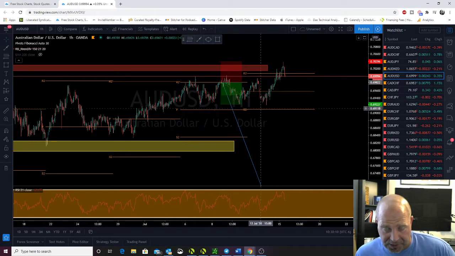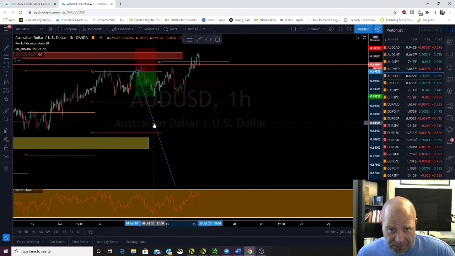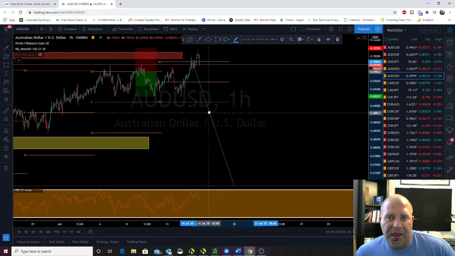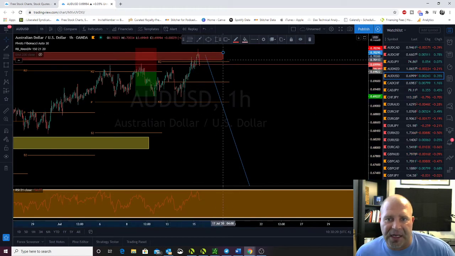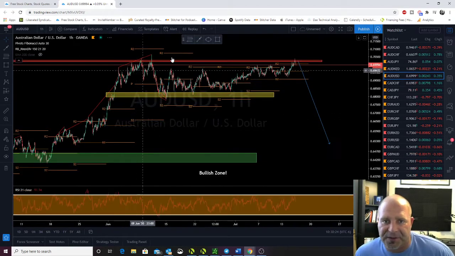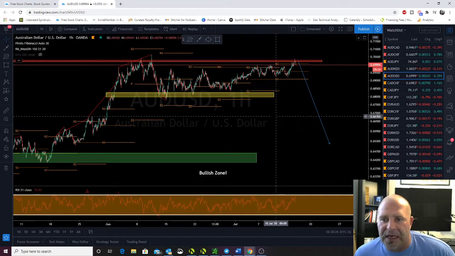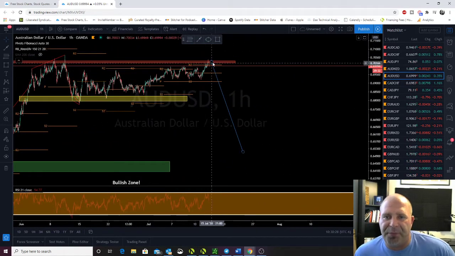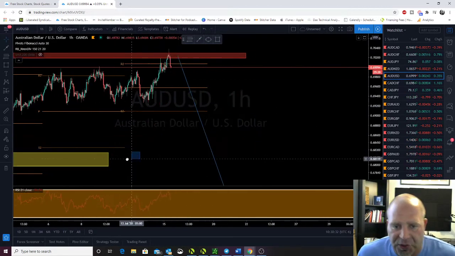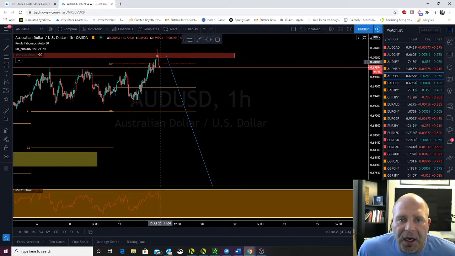Look how tight our R2, S2s are. From Sunday, I was looking for a bigger drop. We don't have it, so now, guys, if we extend out our resistance area, we bounce pretty good on our daily resistance zone. So now's the time to start looking for a bigger drop, a bigger, longer term trade.